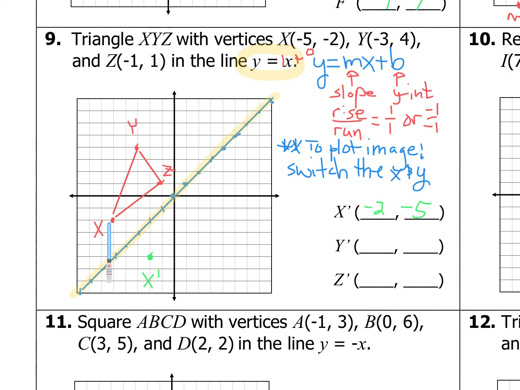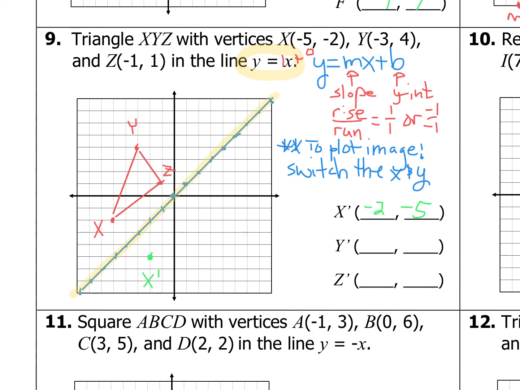Remember I said we'd have to go perpendicular to this line, so that's a diagonal distance of 1 and a half diagonal. Then on the other side, a half a diagonal and a diagonal distance of 1. You can't always count on going by diagonals and halves because it might not be a perfect diagonal. It might be a partial. So we want to use the math, but they are definitely equal distances from that line of reflection.